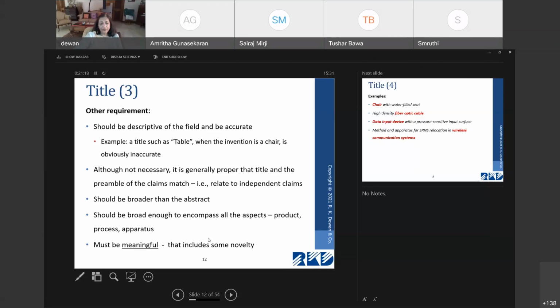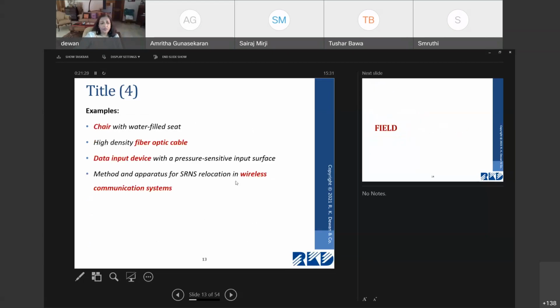All right. Then it must be meaningful. That includes some level of novelty. Another example that I can share is, for example, chair with water-filled seat. Here I have shown the novelty. I have given an indication in about 5 words. We have given sufficient information. We have shown the subject matter.